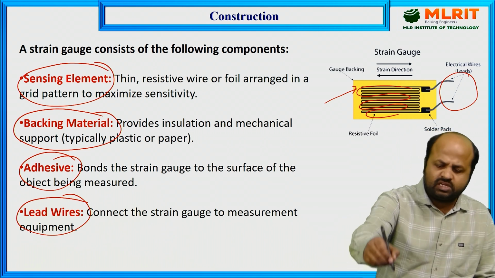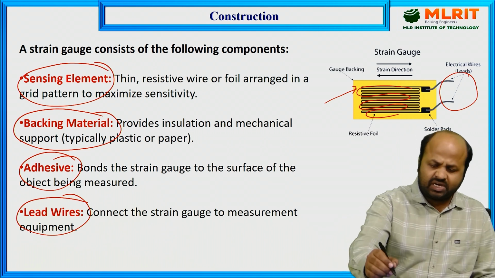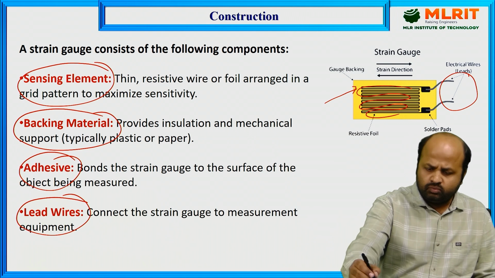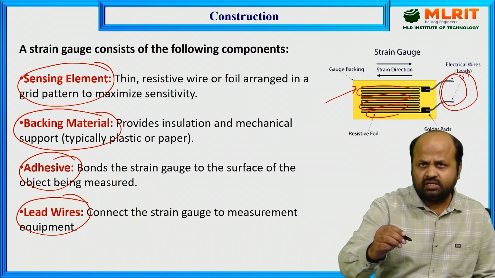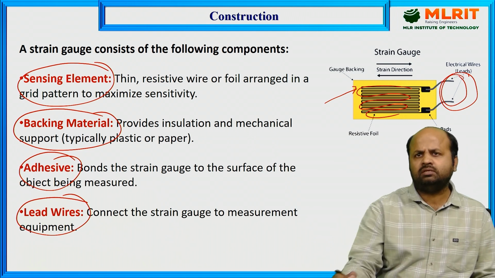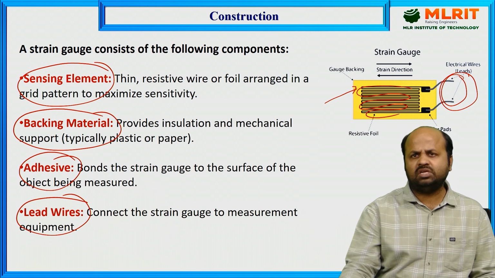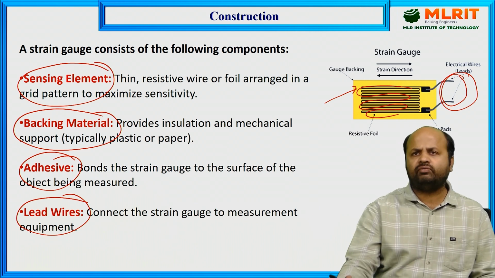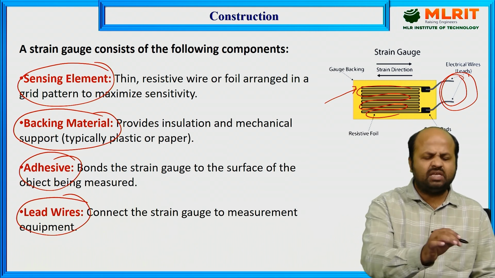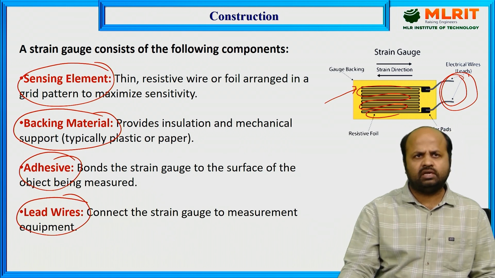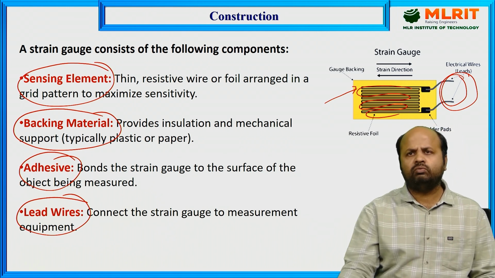So whenever strain is applied or experienced, we will have a change in resistance. So strain gauge directly converts the strain or deformation of an object into a change in resistance. This is the basic construction of a strain gauge: a sensing element, a backing material, adhesive, and lead wires.